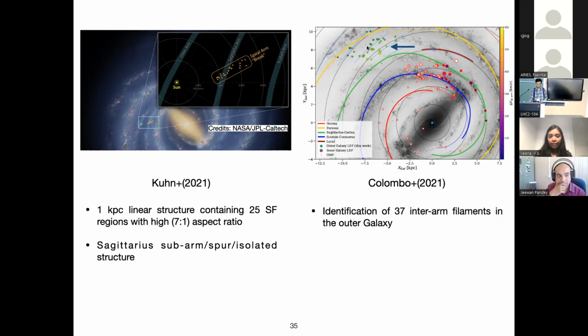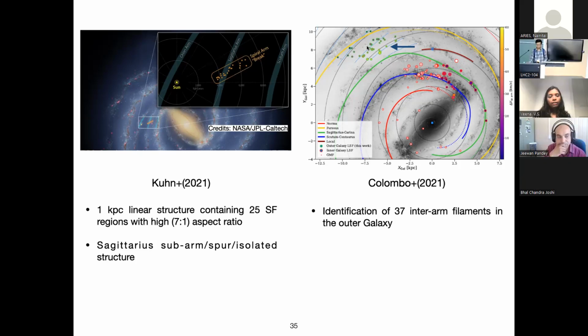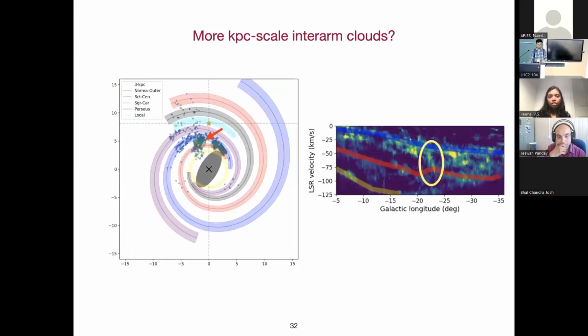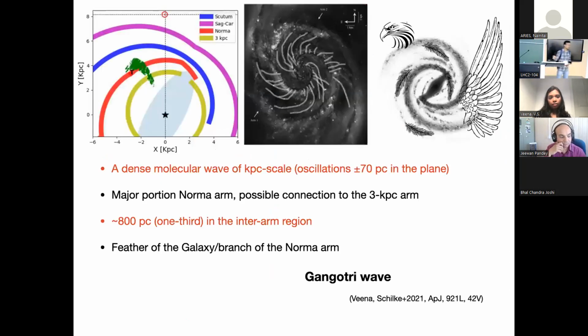The most challenging part for a structure is, in case of this wavy feature, it's much easier because as I mentioned earlier, its length is much larger than the typical width of a spiral arm. So we can see structure extending more.